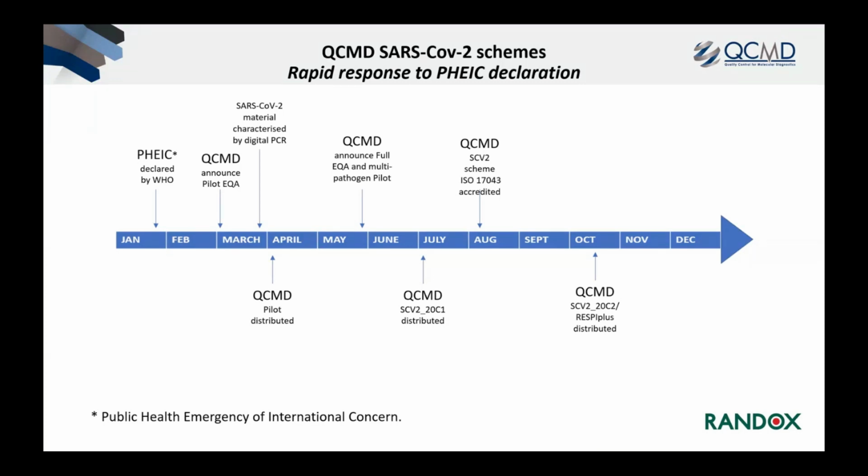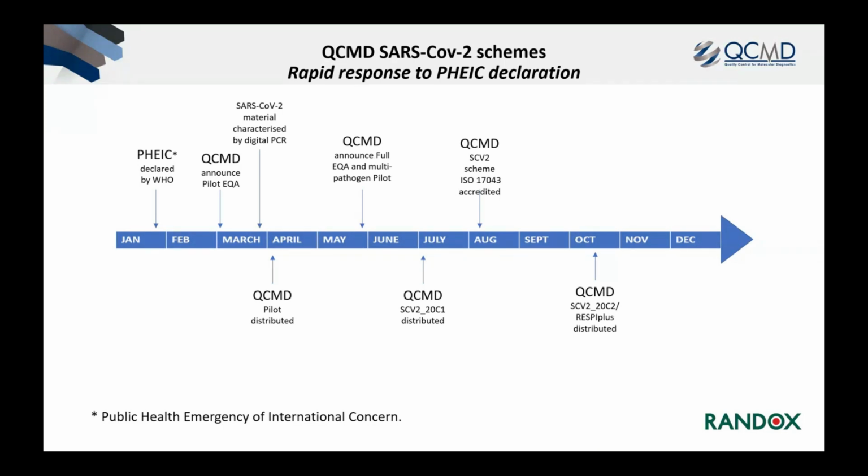So QCMD has a number of multi-pathogen programmes. We announced that we would distribute in Q4 a multi-pathogen programme that would include the SARS coronavirus, influenza and RSV to help laboratories that were using multiplex systems as they headed into the winter months.